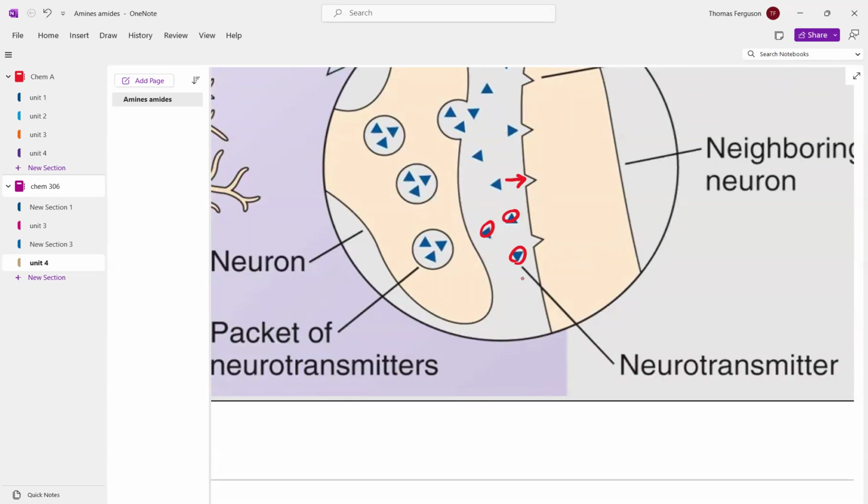And then, unless that site is removed, so if you have a neurotransmitter here and that is not enzymatically removed, that neuron cannot function anymore until that's removed. So that's why, with the neurotransmitter acetylcholine, you need an enzyme called acetylcholine esterase, which pulls that out.